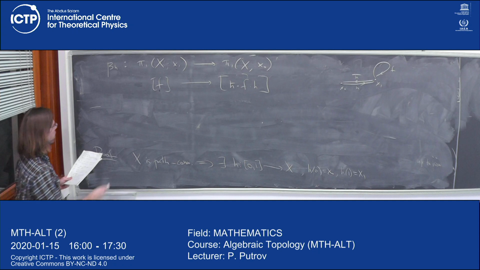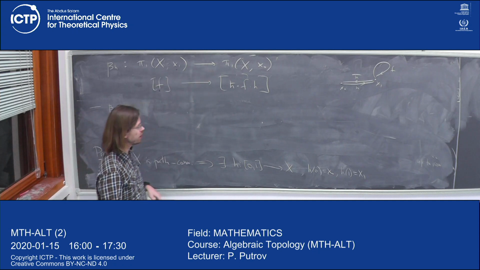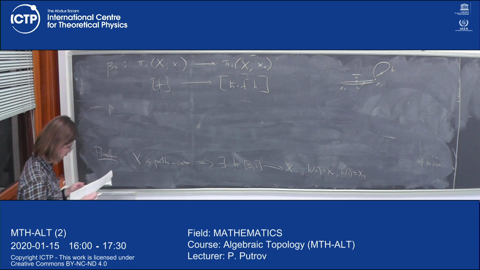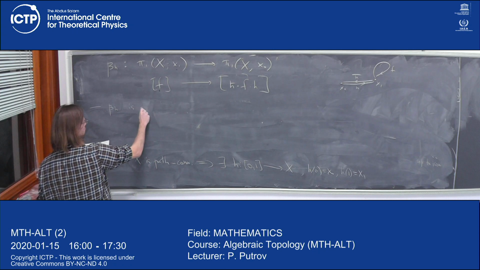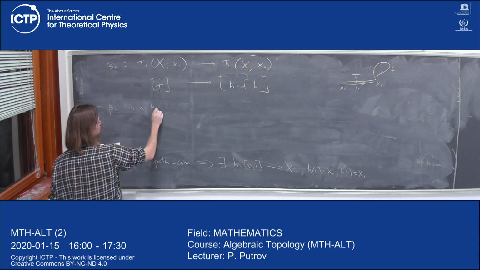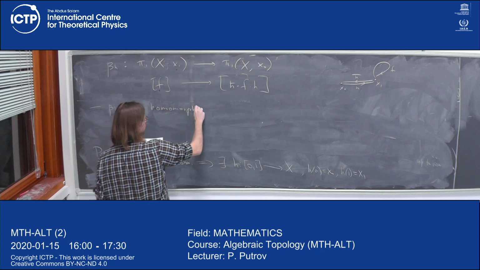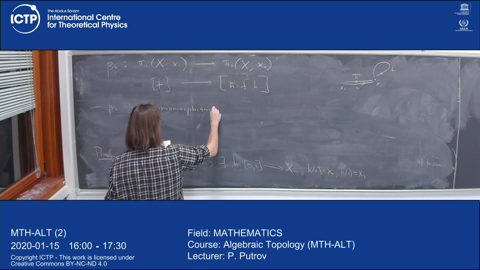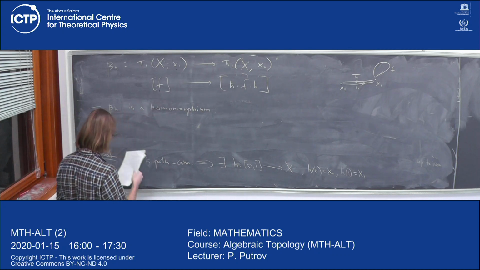First I want to check that this is not just a map between sets. This is actually a homomorphism between two groups. So we need to check that it respects group structure.